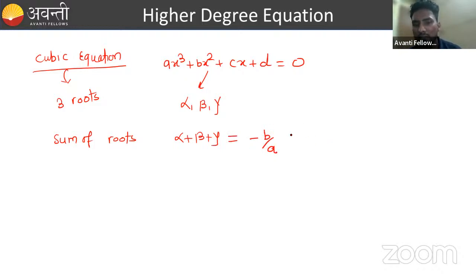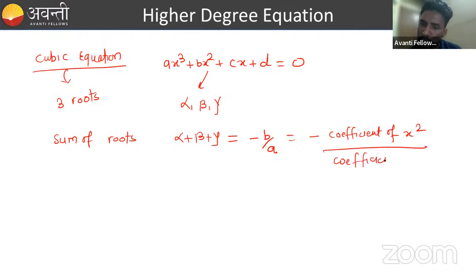That is, minus the coefficient of x square divided by the coefficient of x cube. Similarly, if I take 2 roots at a time, alpha into beta plus beta into gamma plus gamma into alpha, then what is this? Can anybody tell me?